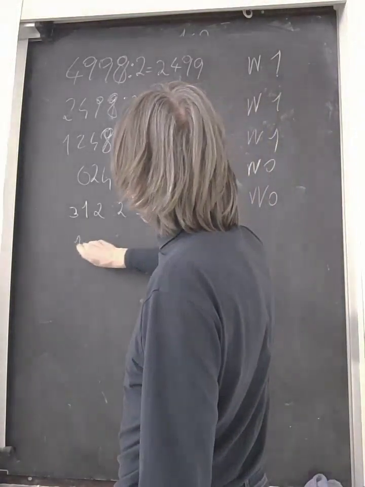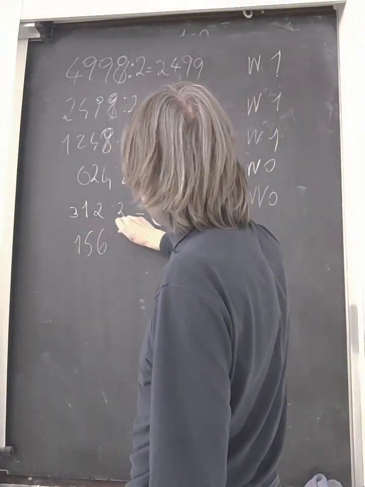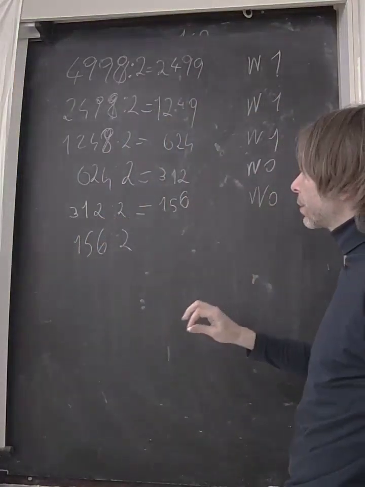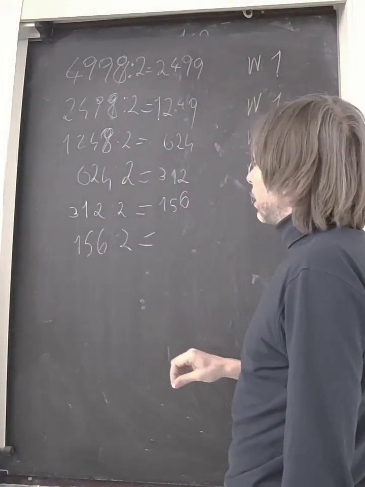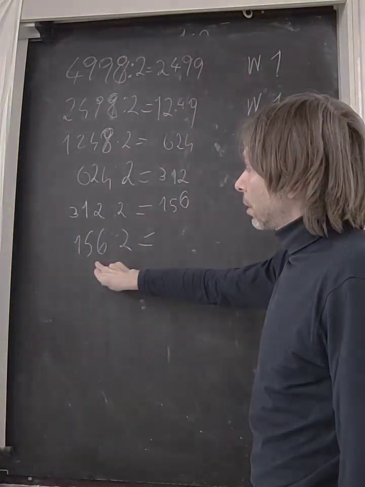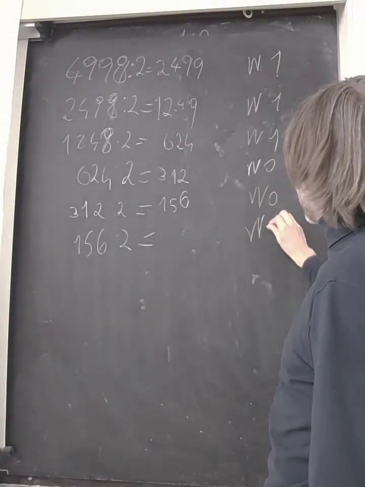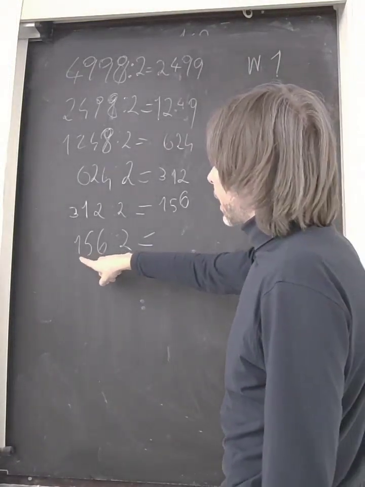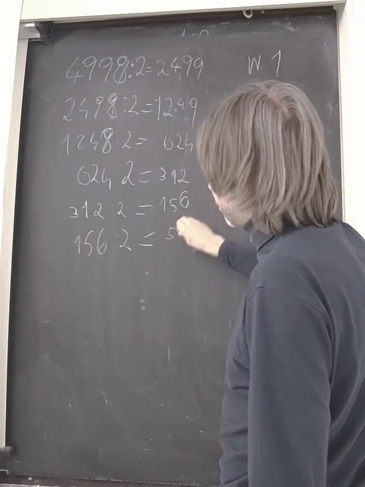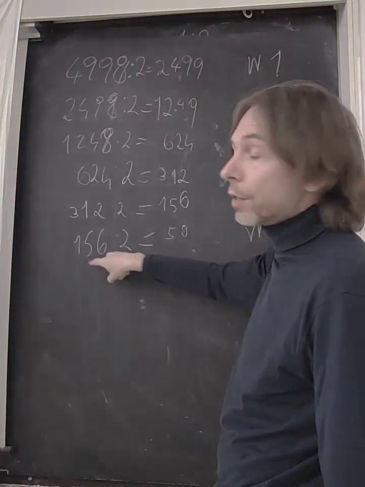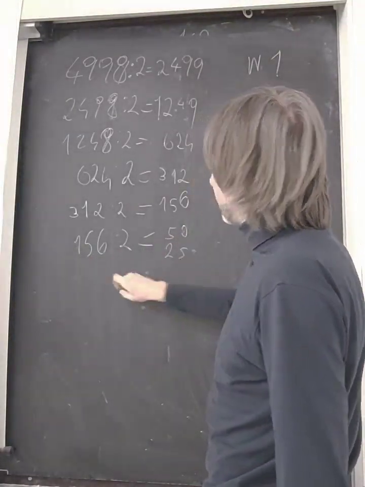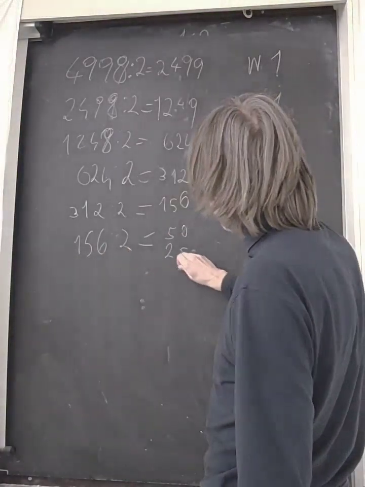Go on. 156 divided by 2 is an even number. Waste 0. The half of 100 is 50. The half of 50 is 25. The half of 6 is 3.